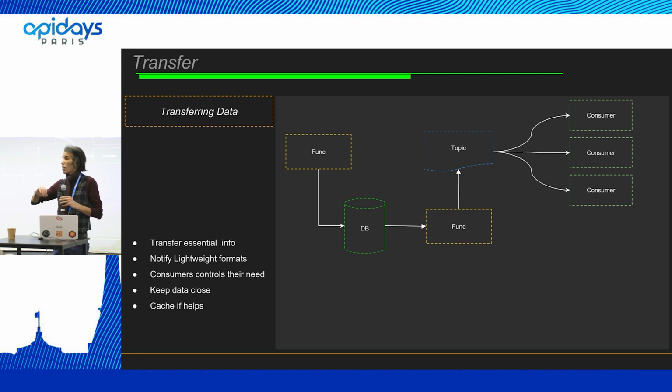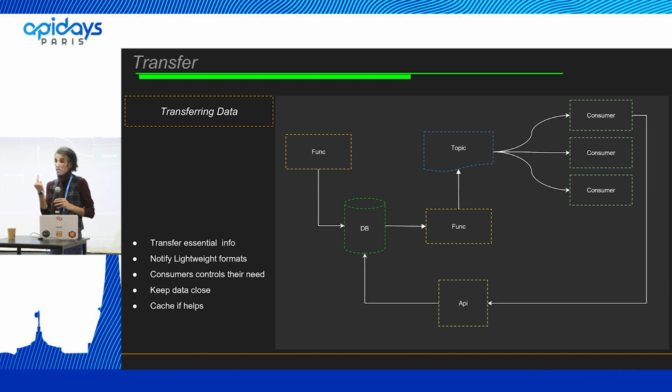We are pushing lightweight information, metadata, essential information to the consumer. We are notifying them that something happened in our system. Are you interested in that? So, between the three consumers, how many will be interested in fetching that data? Instead of pushing 400 kilobytes, I pushed just 1 kilobyte.